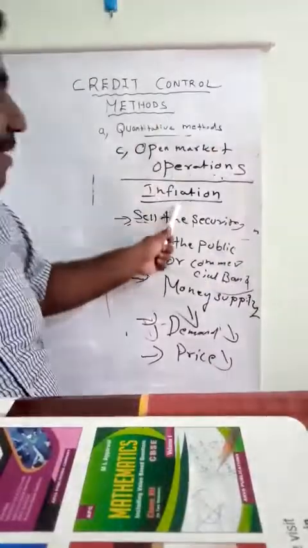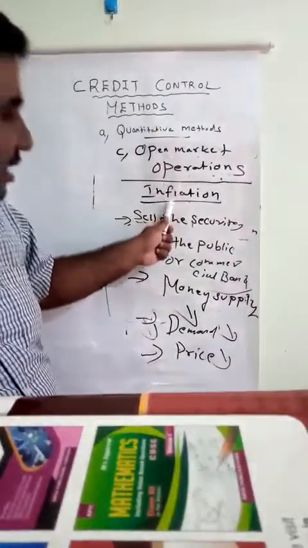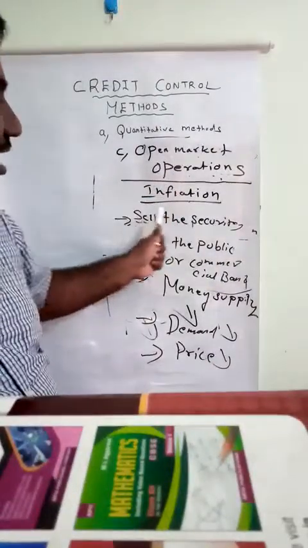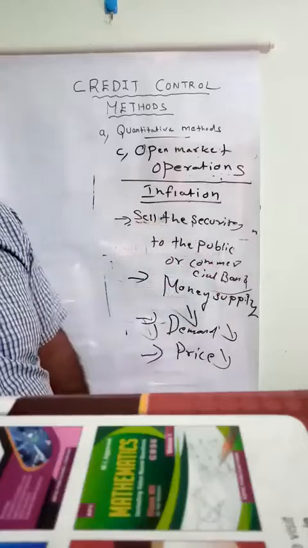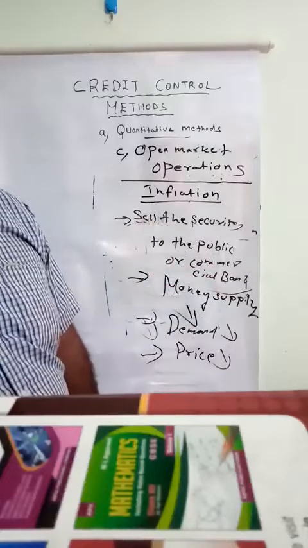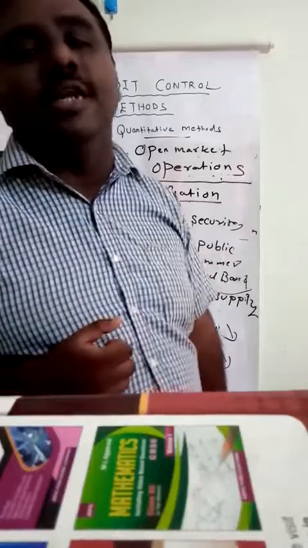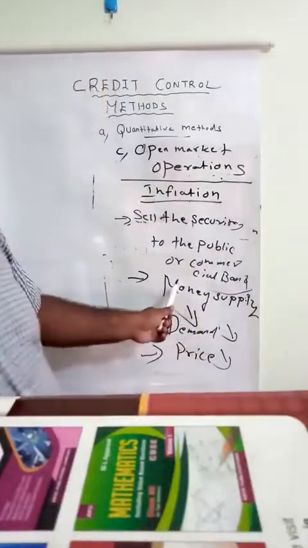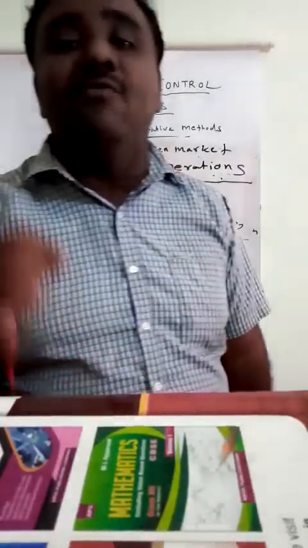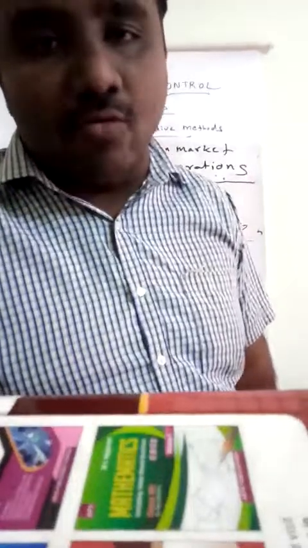So what will happen at the time of inflation? The government will sell the securities to the public or to the commercial bank. When it does, the money supply in the economy will decrease or come down.